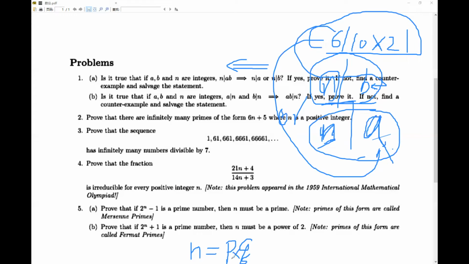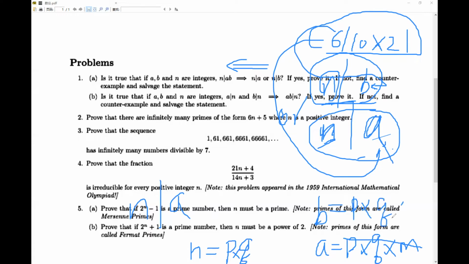For example, N equals P times Q. If A equals P times Q times M, then N is divisible by A. Or B is P times Q, that's case 2, times S, so N is divisible by B. You just choose one of those, so one of them must be correct.